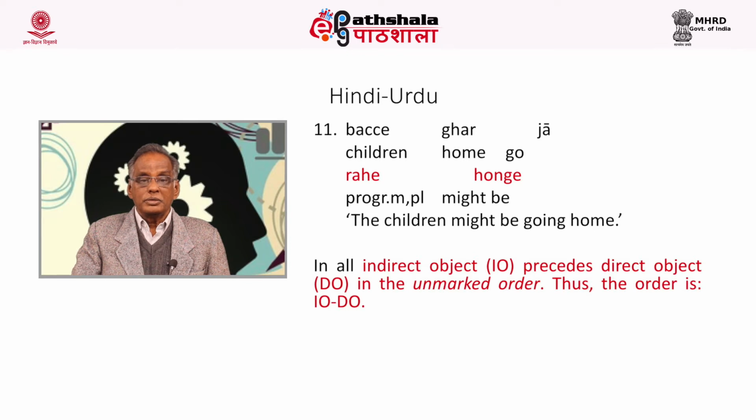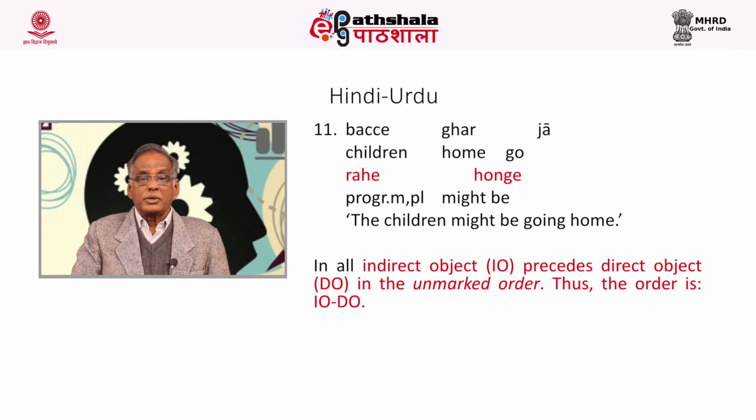From Hindi Urdu, the children might be going home. Ja is the main verb, rahe honge is the auxiliary verb, rahe is the progressive, honge might is a modal. So bacche ghar ja rahe honge, the main verb is followed by the auxiliary verb.